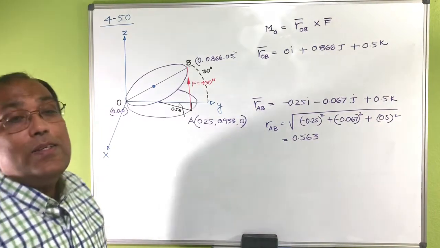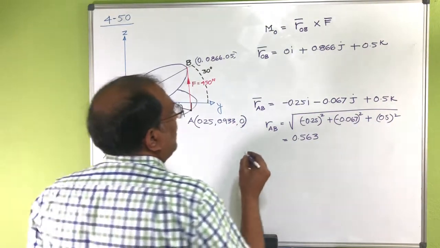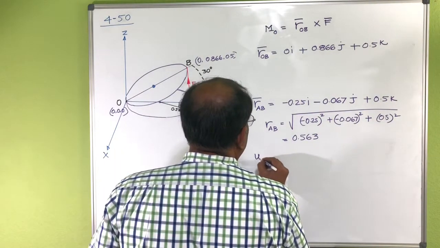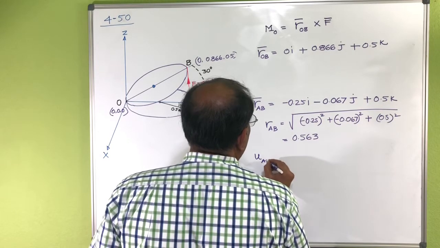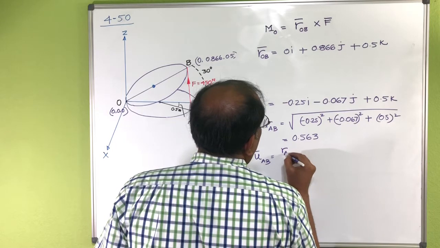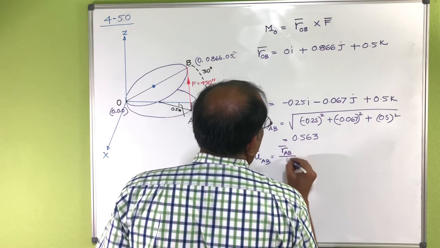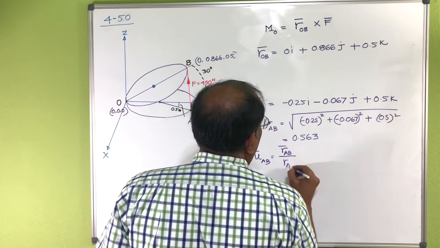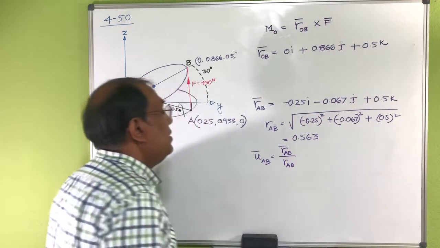Okay, so the unit vector for AB would be the position vector for AB divided by the magnitude of the position vector.